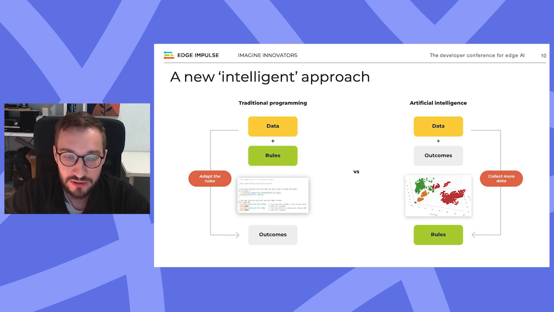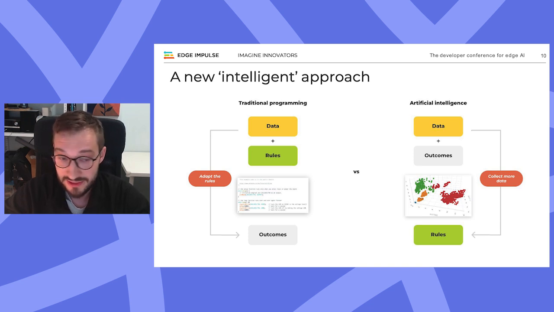Traditional programming that we just described and how we build devices, we're going to collect the data. Based on that data, we're going to create some rules and see the outcomes, and then iterate and adapt the rules based on the outcome and input data.